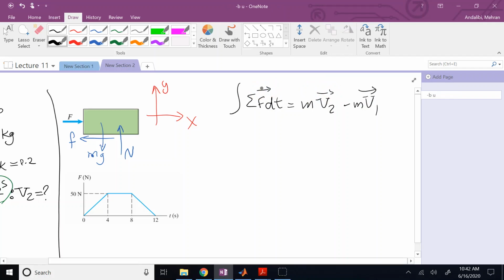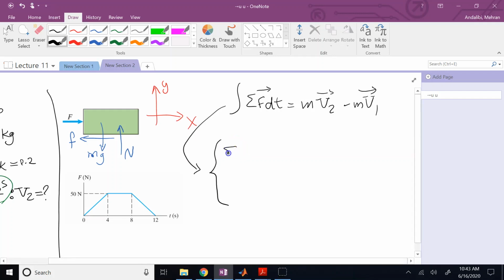So that is my principle. We're going to use this rule, but this is a vector equation, just like F equals ma, which we wrote in the x direction as sum Fx equals max, and in the y direction sum Fy equals may. This is a vector equation, so I can write it one time along the x direction, and another time along the y direction.